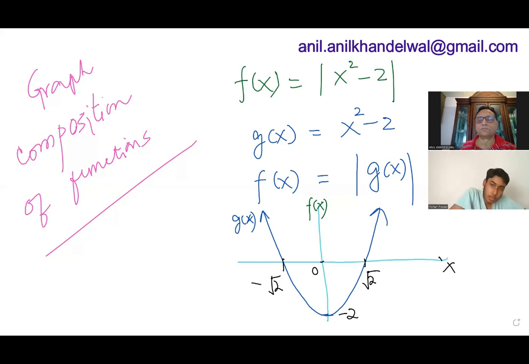If we were to do the absolute value of x squared minus 2, it would be negative 2, and y would just be, so it'll just be negative 2.